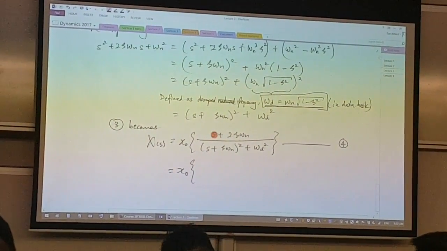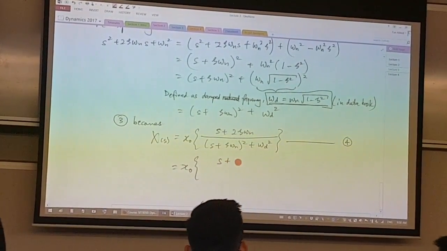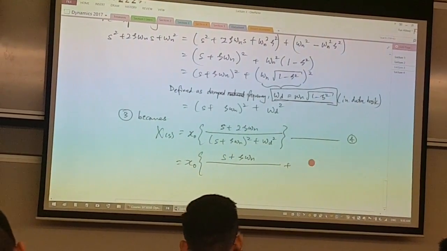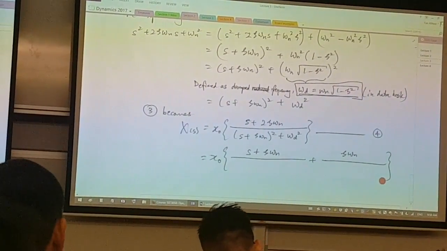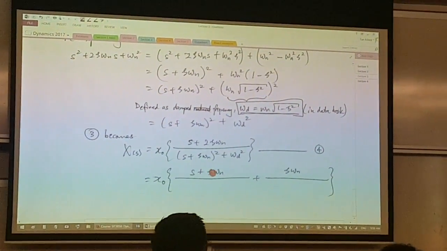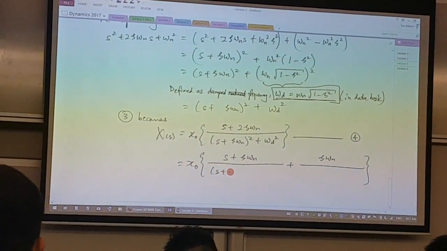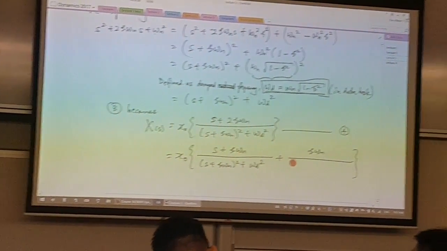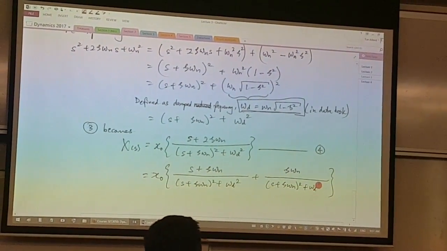This numerator, s plus 2 zeta omega n, I can break it down: s plus zeta omega n, plus zeta omega n, in the following way. So that numerator, if you add them together, you get 2 zeta omega n. And the denominator would be the same on those two terms: s plus zeta omega n, squared, plus omega d squared.